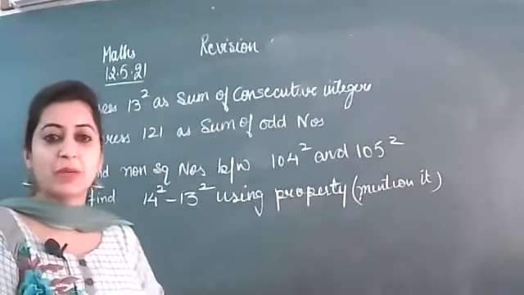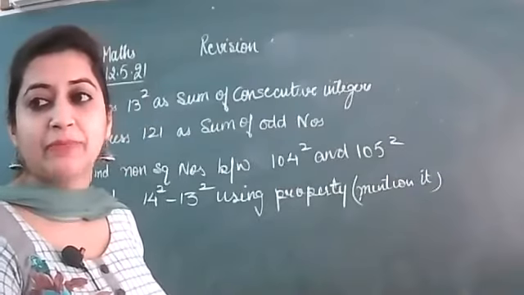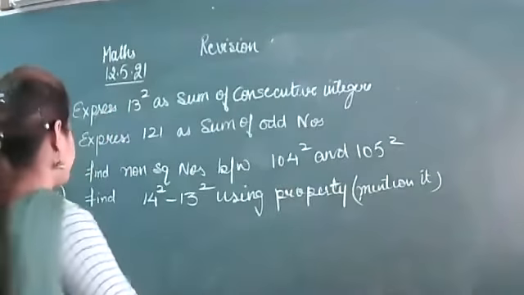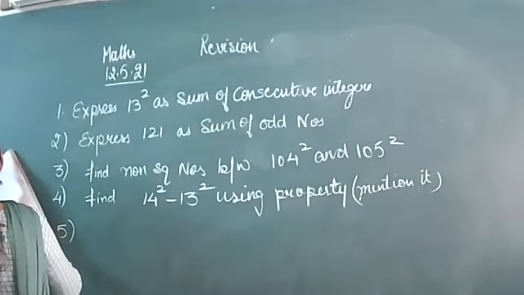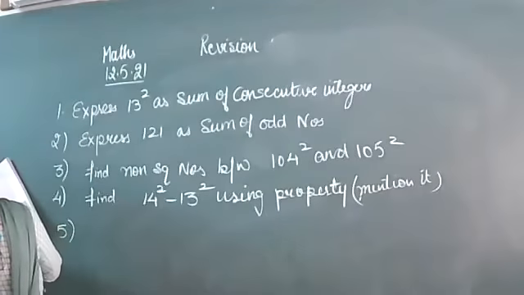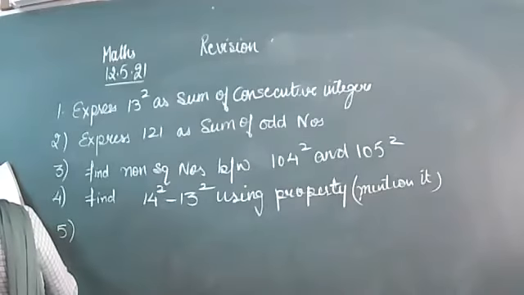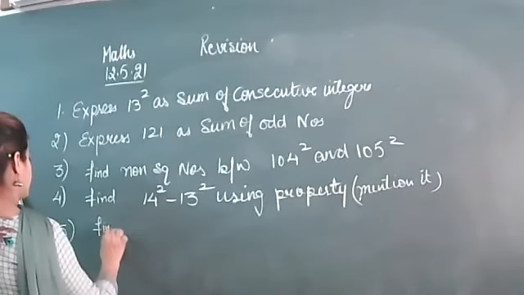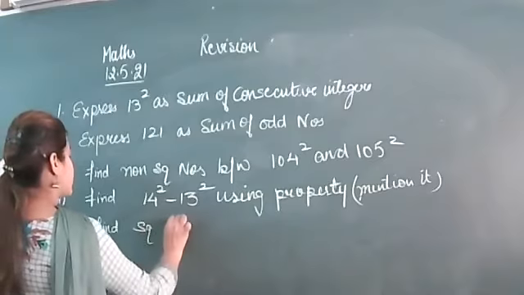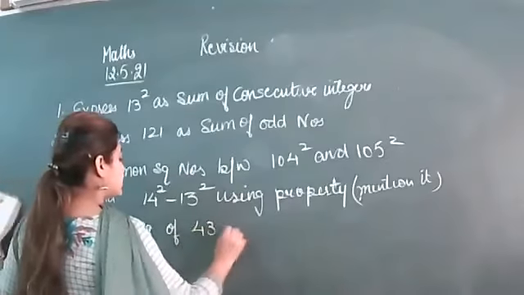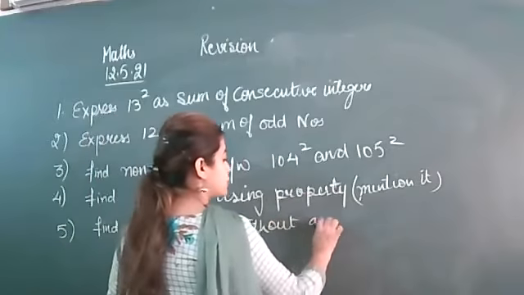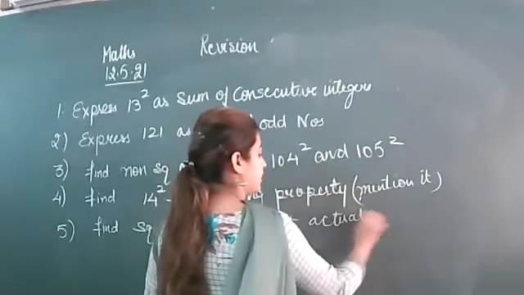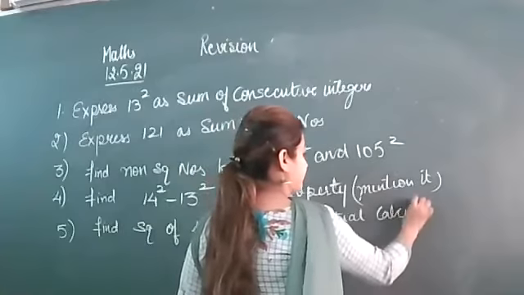Wherever you are using the property, you will write it out side by side. Find square of 43 without actual calculation.